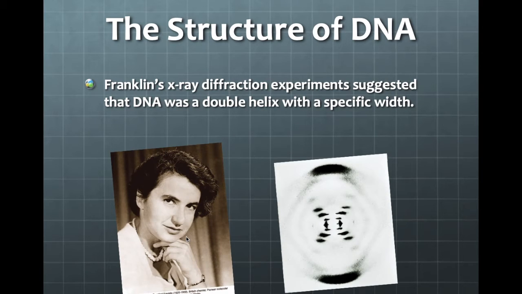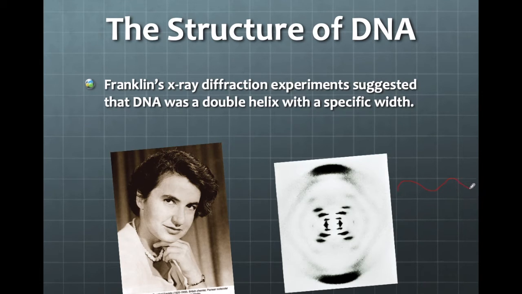Franklin's X-ray diffraction experiment suggested that DNA was a double helix with a specific width. As we see in this X-ray, this is what she took a picture of with her DNA. This is a two-dimensional model, and we can see the wraparound when it comes to DNA.